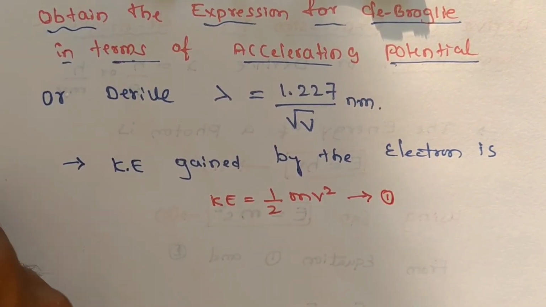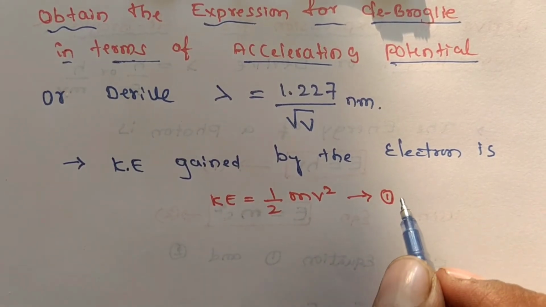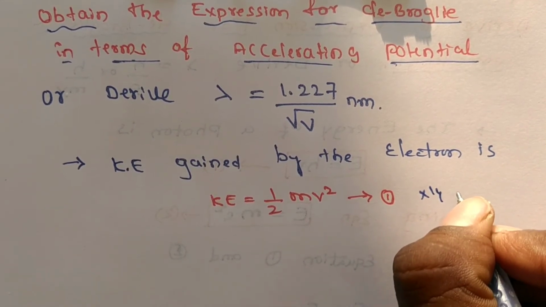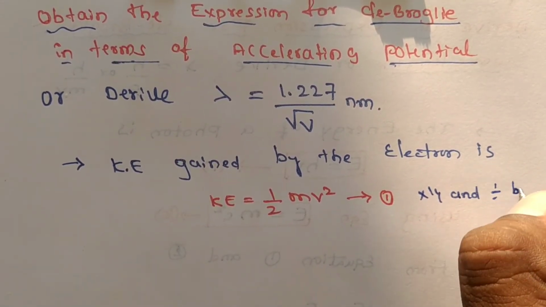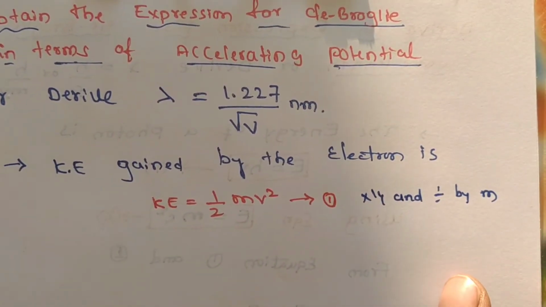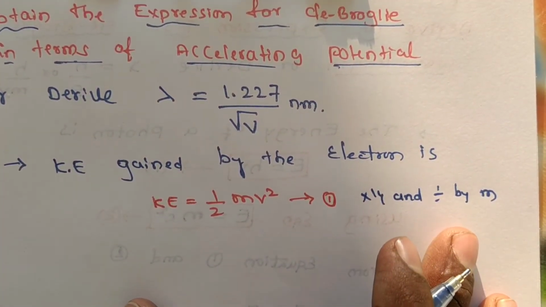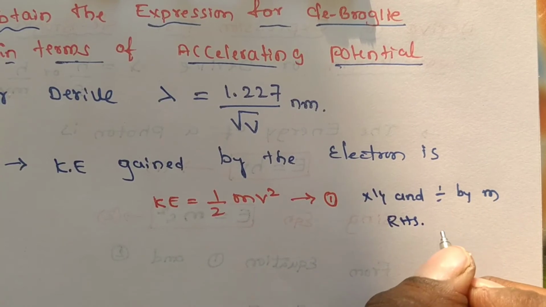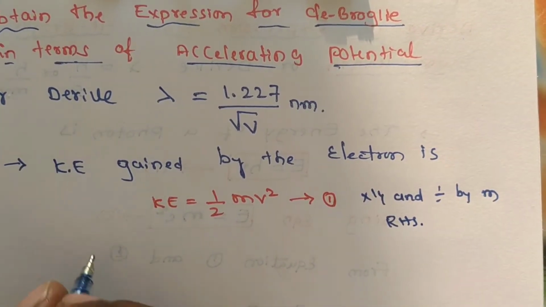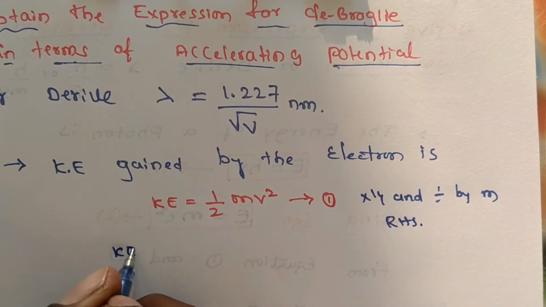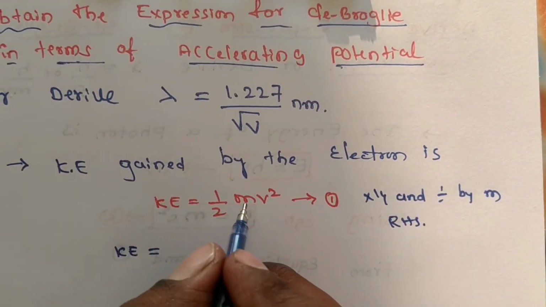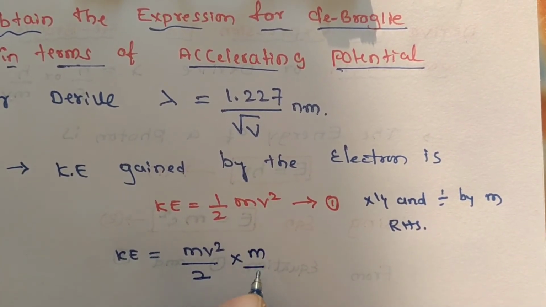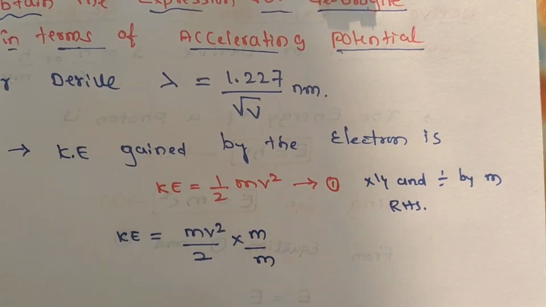Now multiply and divide the RHS by m. Kinetic energy is equal to m v square divided by 2, into m divided by m. Multiply and divide by m.